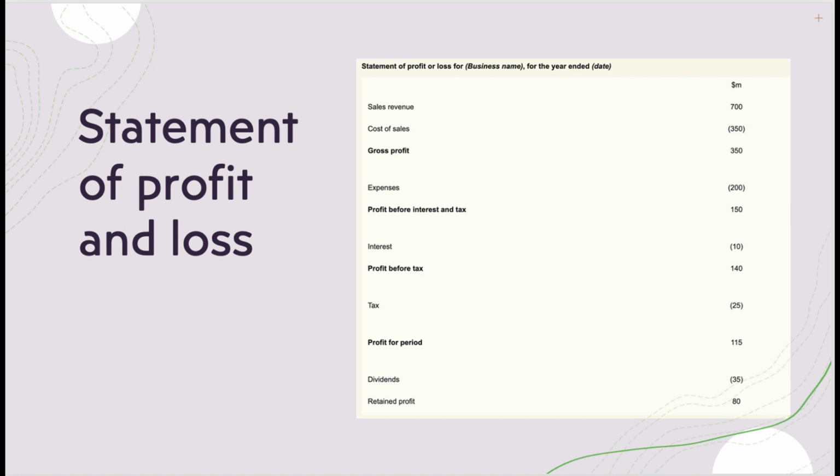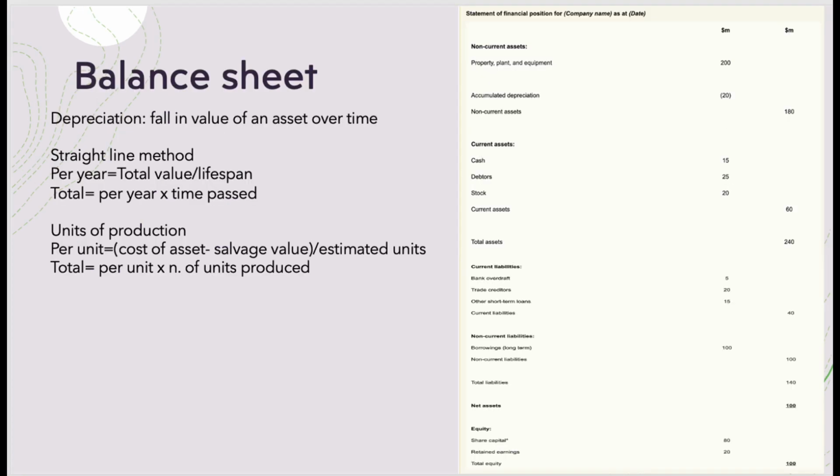The second type of financial accounts that we have are balance sheets. Now, the balance sheet shows the value of the assets and the liabilities of a business. An asset is a possession of a business, whereas a liability is essentially the business's debts. The format, once again, do not forget, but this time write statement of financial position for the business as of the date.